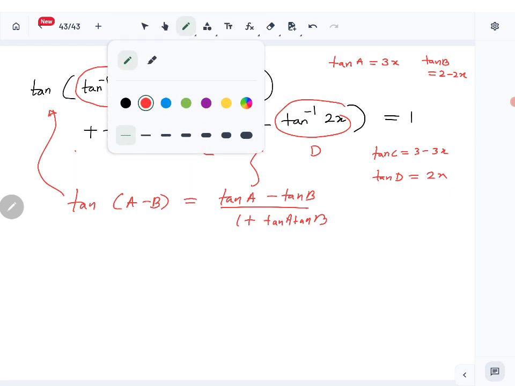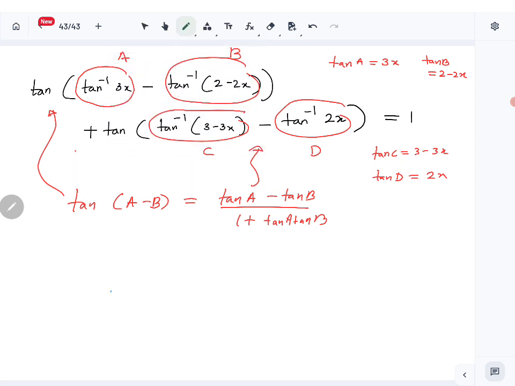So what do you get? First one, tan a would be 3x. So 3x minus 2 minus 2x over 1 plus 3x into 2 minus 2x. This is tan a minus tan b over 1 plus tan a times tan b.